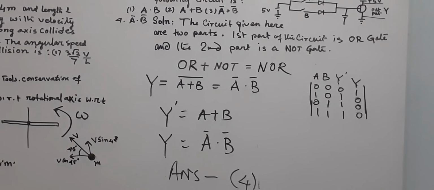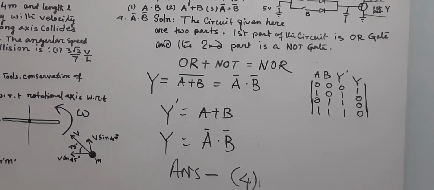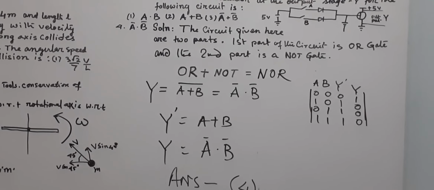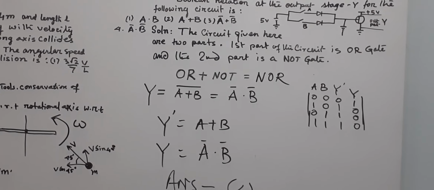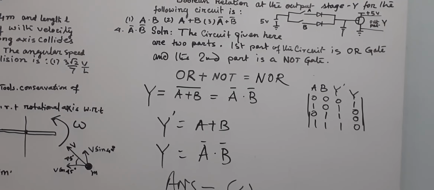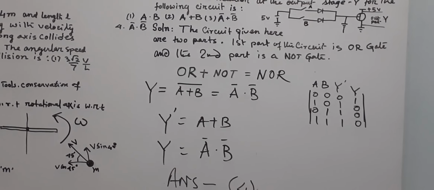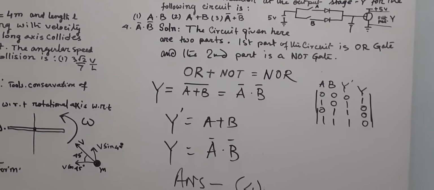So first the OR will give you A plus B, that is Y dash, then Y will be available through the NOT gate, and ultimately we will get A bar dot B bar, and the answer will be choice number 4.